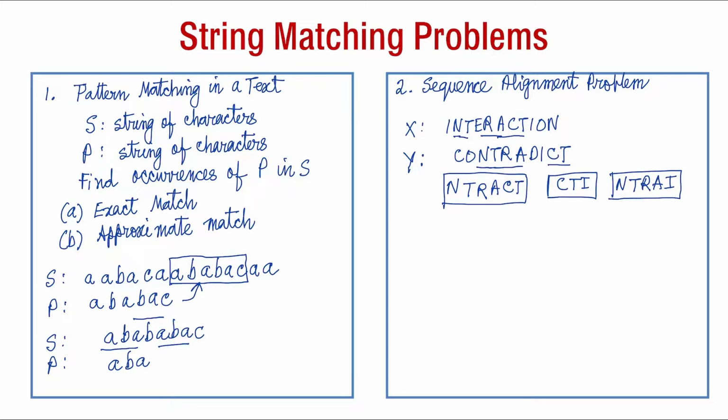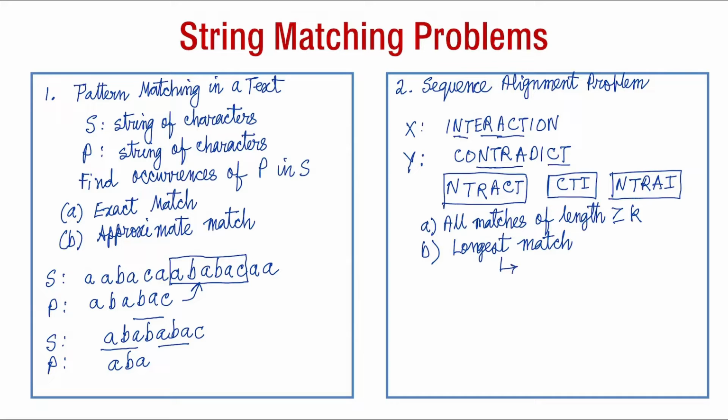And we would like to find either all matches of length greater than or equal to K, or we could find the longest match. The longest match problem is known as the longest common subsequence.